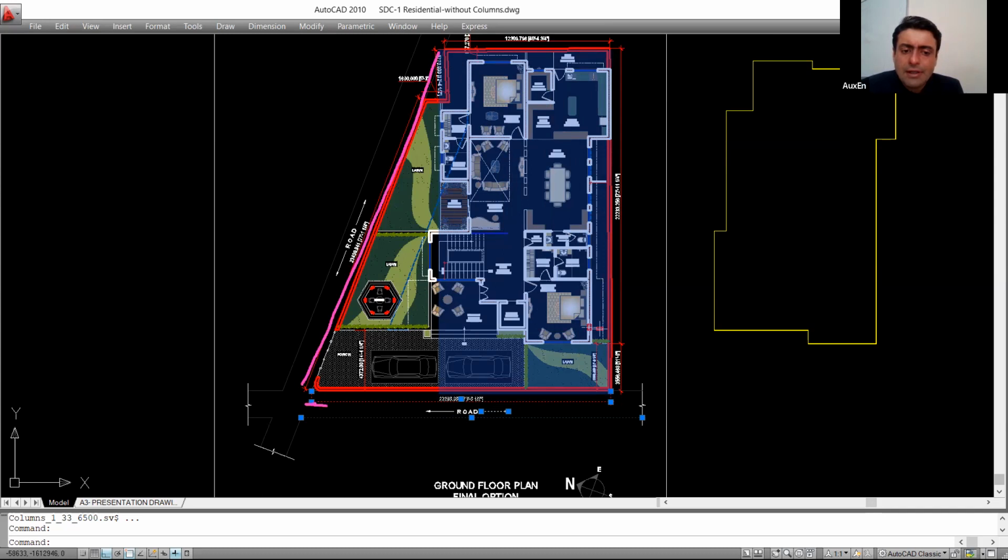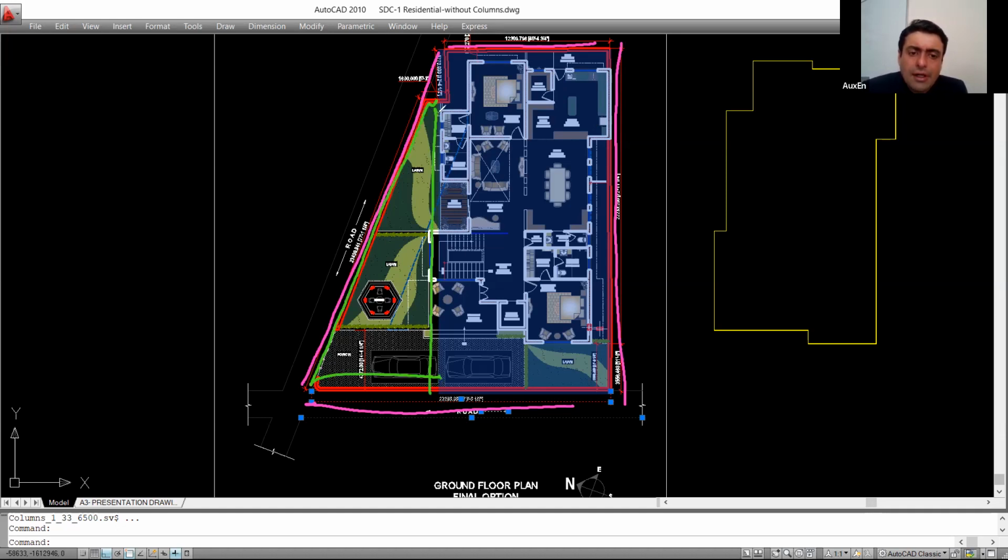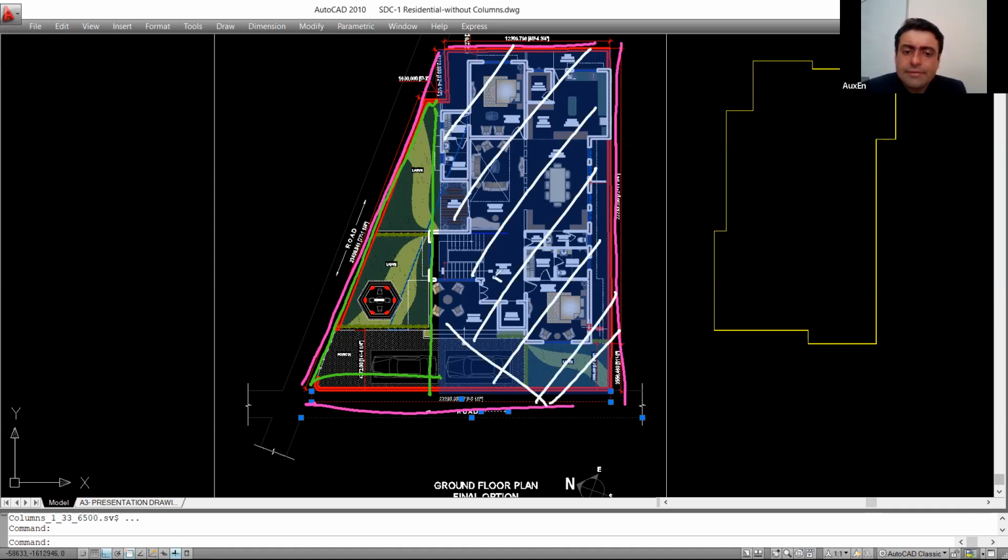So what is preferred is that you leave out this triangle from any construction, and you limit your construction to this portion. So this is what they have done. Is it clear?